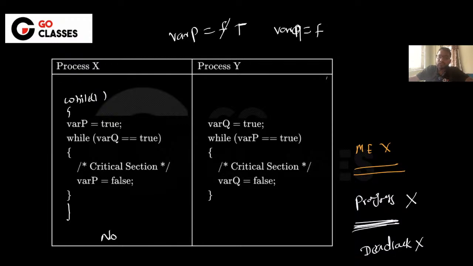Progress is basically a superset of deadlock, right? So progress has two conditions. One is if no one is interested and someone wants to enter.